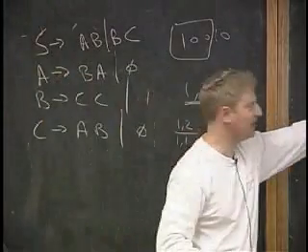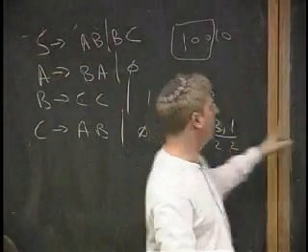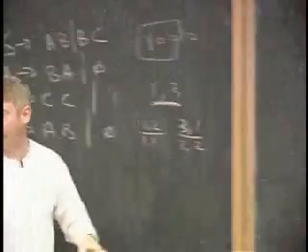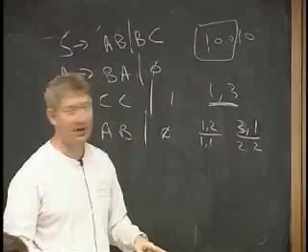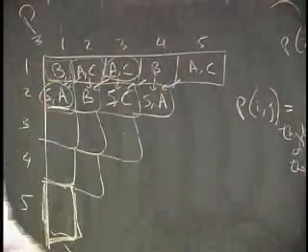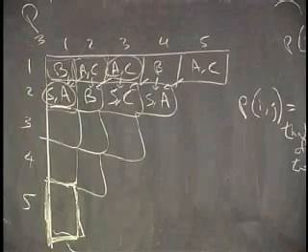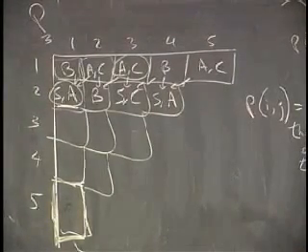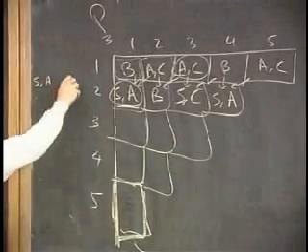1, 2 gives us SA. 3, 1 gives us... Well, we didn't do 3, 1 yet, huh? Oh, yes, we did. That's lucky. Getting panicky. 1, 2 is SA. 3, 1 is AC.